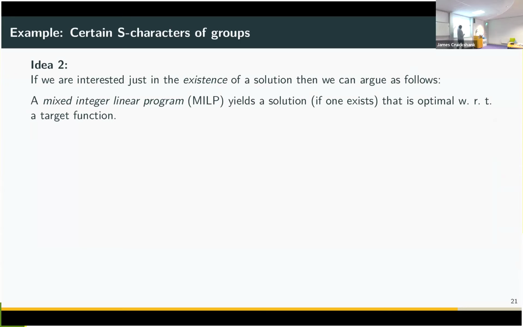If we're interested just in the existence of some solution, not enumerating all of them, we can also interpret this input data as a mixed integer linear program. We prescribe some target function. So say, some of these coefficients should be minimized or maximized. Then this will give us an optimal solution with respect to the function if there is a solution.